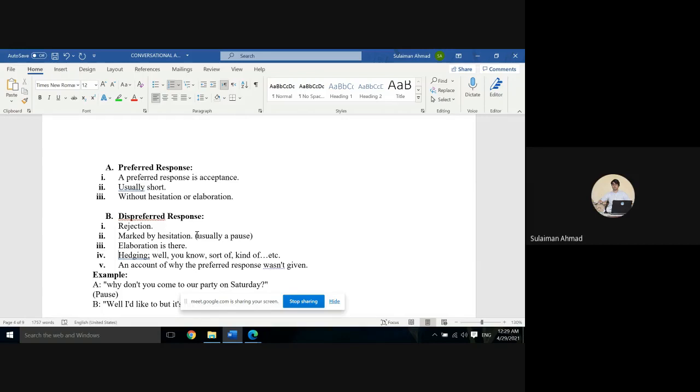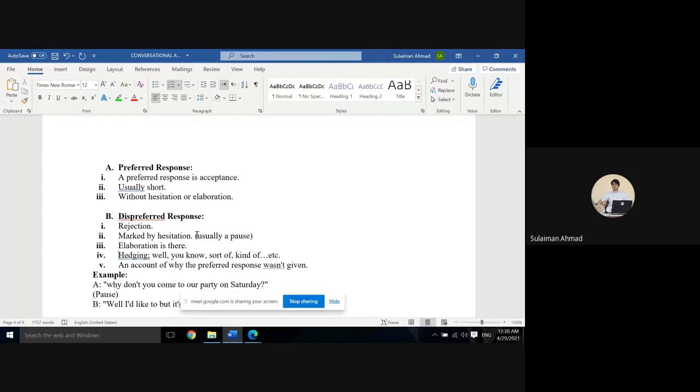Then the last one, hedging. When we want to come up with a negative response, a rejection, we use hedging. We have already talked about hedging in language and gender and many other topics, if you remember. Hedges like a sort of, kind of, well, I think, I guess. Hedges are linguistic features or words which show uncertainty.